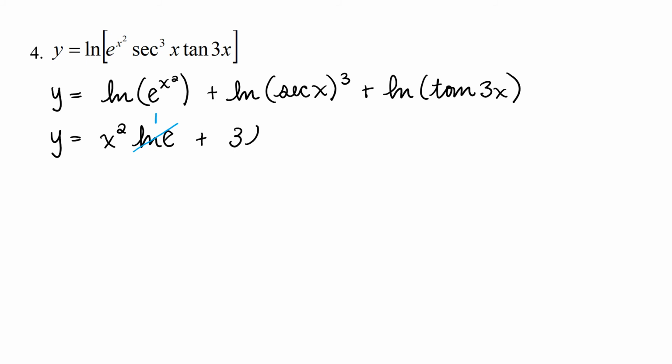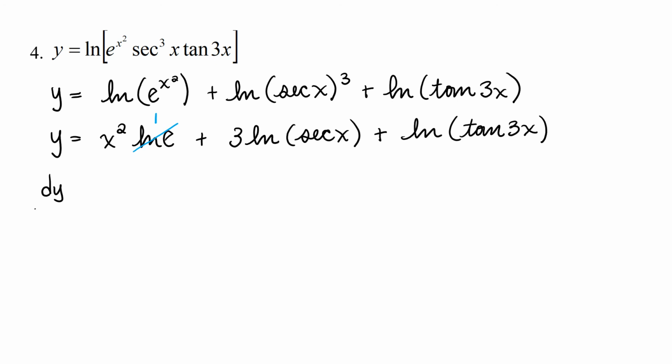Plus 3 times the natural log of secant x plus the natural log of tangent 3x. And now this is looking much nicer. Rather than having to use chain rule and multiple product rules, we just have to worry about a little bit of chain rule and these derivatives of natural log functions.